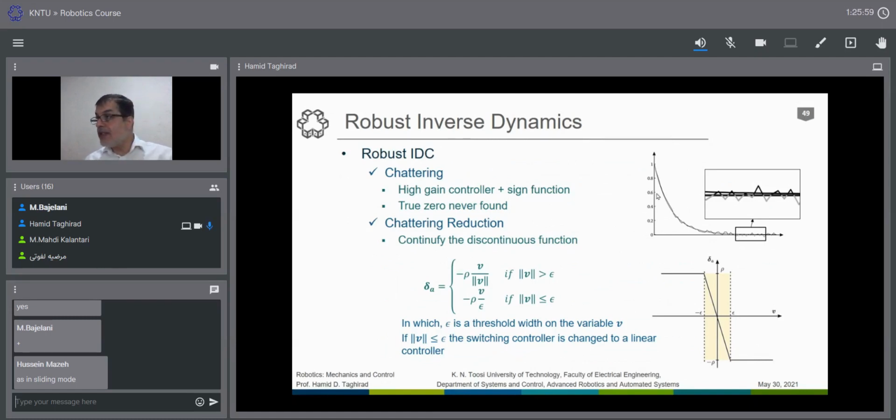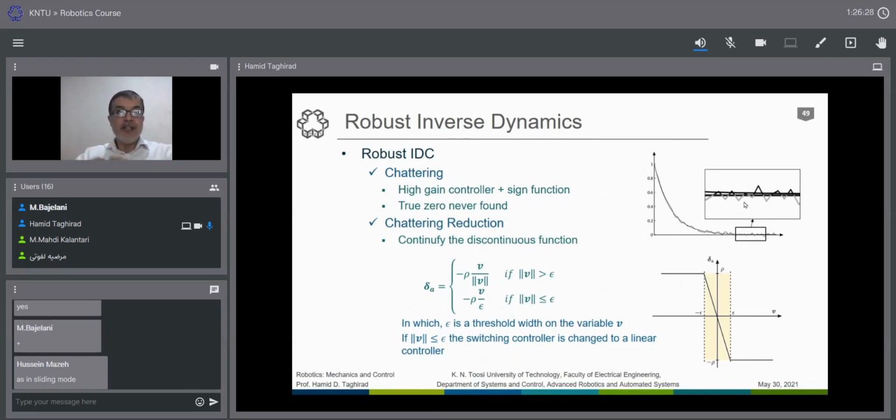What will happen, you will see, although this is decaying to 0, because of the noise and sampling time, if we enlarge it here, you will see that although it is going to 0, it becomes positive, negative, positive, negative. Since we are using the sign function, you have positive, negative with high gain.